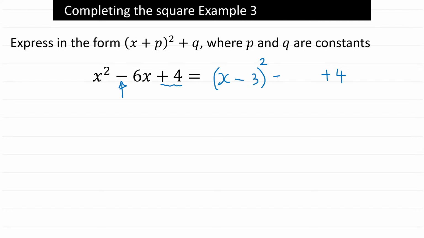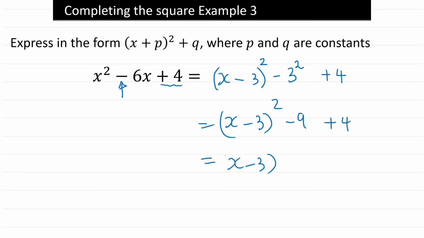And we need to take away this number squared, so take away 3 squared. So this is going to be x minus 3 squared minus 9 plus 4, which is equal to x minus 3 squared minus 5. Okay, and that's the answer to that one.